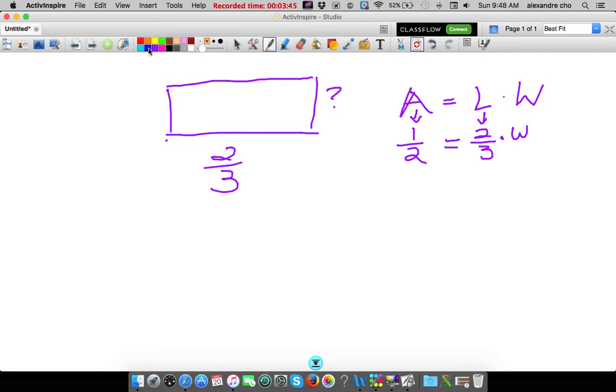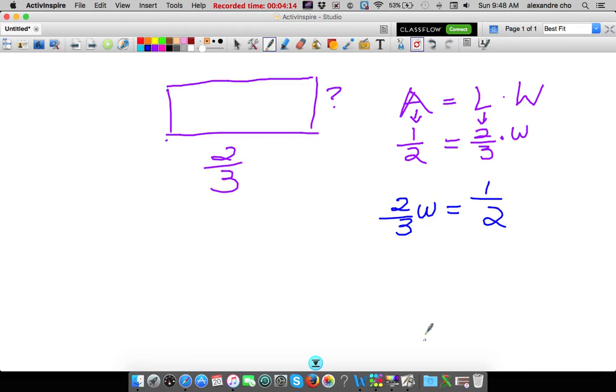This is one of those fraction equations, so we're going to multiply both sides by the reciprocal. Actually, I will switch sides, 2/3 W and a half on this side, because I like the fraction on the outside instead of the inside. So we need to isolate our variable.